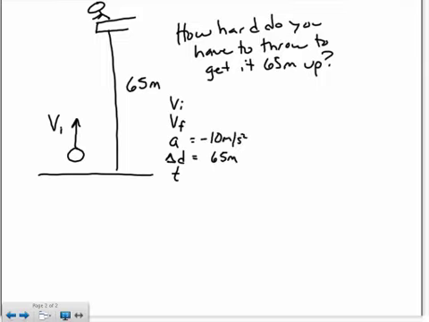Acceleration is negative 10 or negative 9.8. Final velocity will be 0. And not because he's catching it, it's because if we throw it up, we just want to get it just barely up there. So we can assume that it stops when it gets up to that height. He can catch it when it stops.